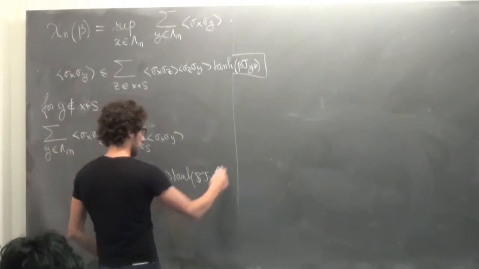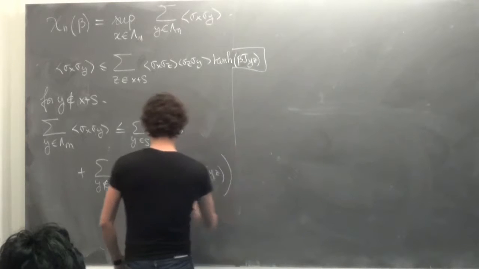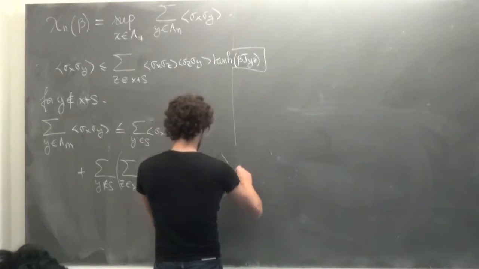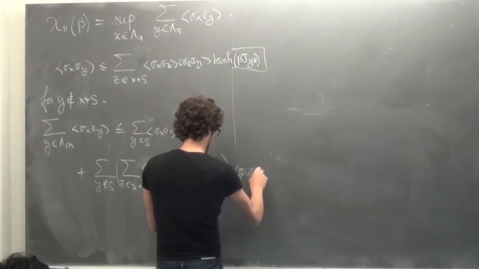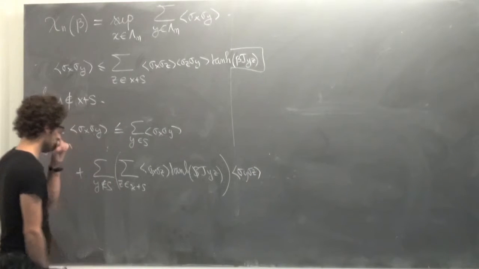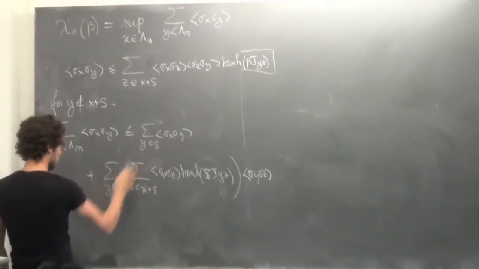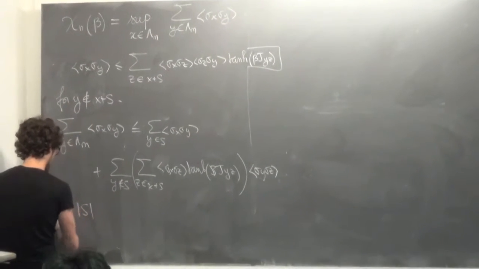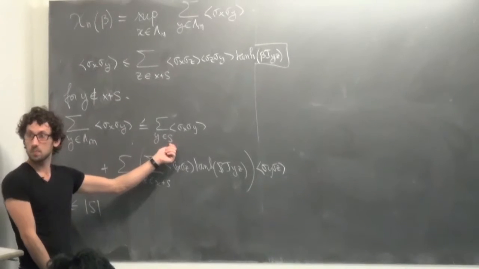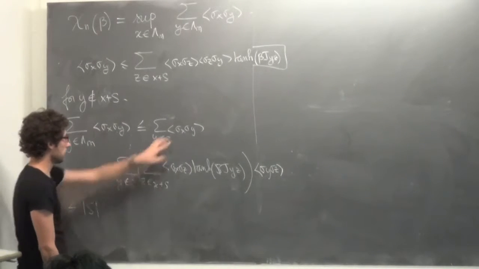And then I have this. So this is just phi beta of S. Here this is bounded by just the cardinality of S, because this thing is smaller than 1.